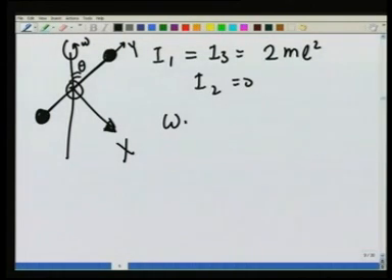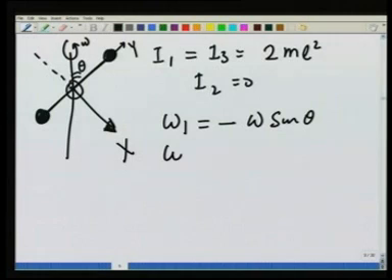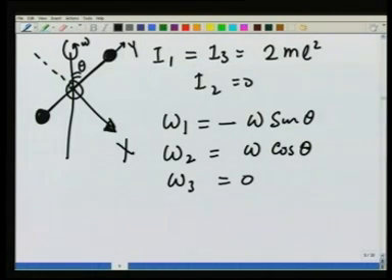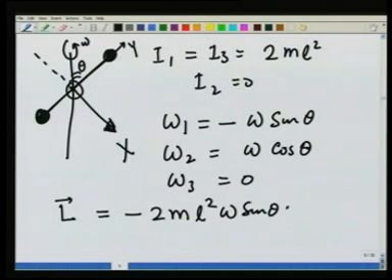So, omega 1 you can see is going to be in this direction, equal to minus omega sine theta. Omega 2 is along the y axis and is going to be, at this point, omega cosine theta, and omega 3 is 0, and therefore, I get L: I1 omega 1 gives me minus 2 m L square omega sine theta i, and the other two are 0, because I2 is 0, it gives you 0 with this, and omega 3 is 0. So, the angular momentum is in this direction at this point.